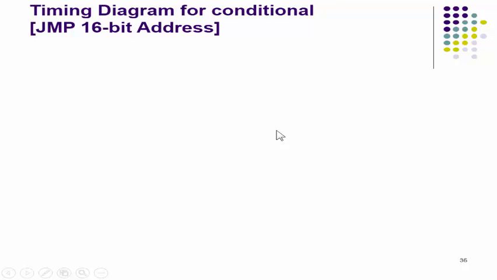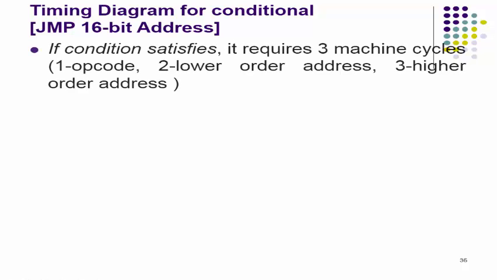JMP 16-bit address is unconditional. For the conditional branching instructions, we consider instructions like JZ, JNZ, that is jump if zero, jump if not zero, jump if carry flag set, jump if carry flag reset, jump if positive, jump if negative. In this case we are going to consider the conditional branching instruction.